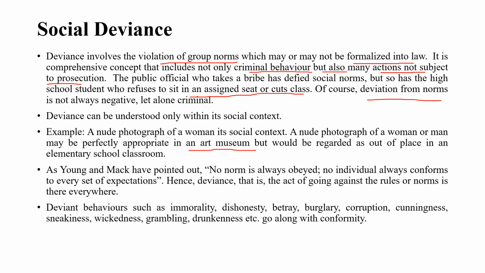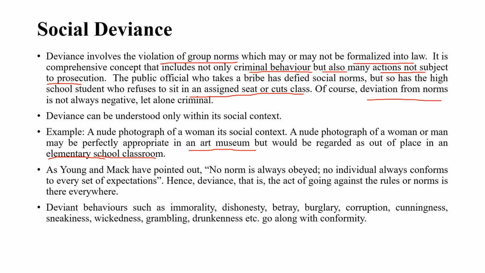But when you put that photograph in a school classroom, the context changes, right? The moment you change the environment, the moment you change the room setting, the context changes. You could not put a nude photograph of a man or woman in an elementary school classroom because they're not supposed to be there.